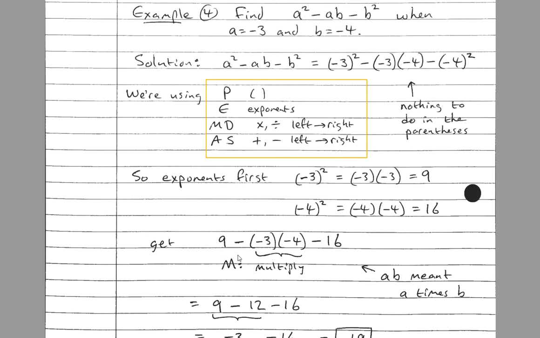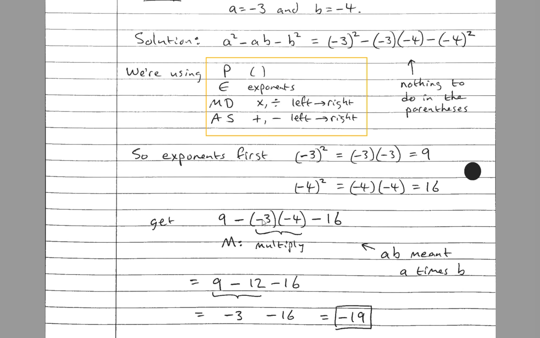So it's 9 minus negative 3 times negative 4 minus 16. We're multiplying in the middle. This ab means a times b, so it's negative 3 times negative 4, and negative times a negative is positive.